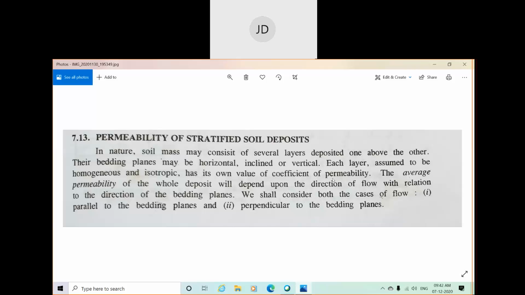That means the coefficient of permeability depends on the direction of flow of water, especially in the case of a stratified soil deposit. So we can have two cases when determining the coefficient of permeability for a stratified soil deposit. Here you can see the average permeability of the whole deposit, that means the whole stratified soil layer, will depend upon the direction of the flow in relation to the direction of the bedding planes.